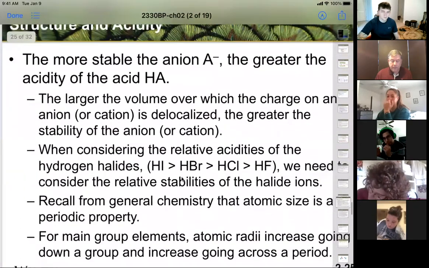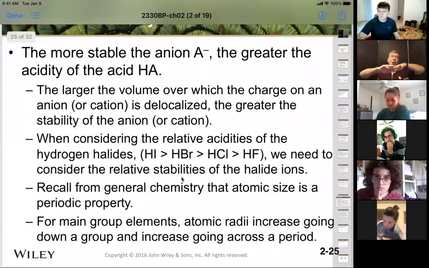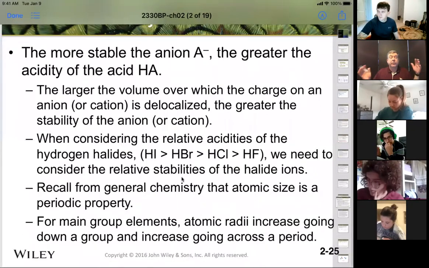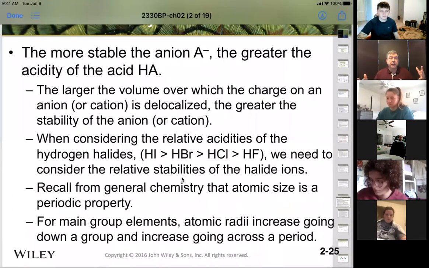So that brings us to our last one. And I kind of talked about this, but the larger the volume over which you can stabilize that negative charge, the greater stability that ion has. And if that ion is more stable as that large fluffy object, it makes it more acidic.